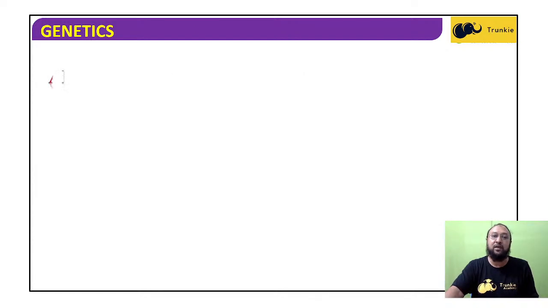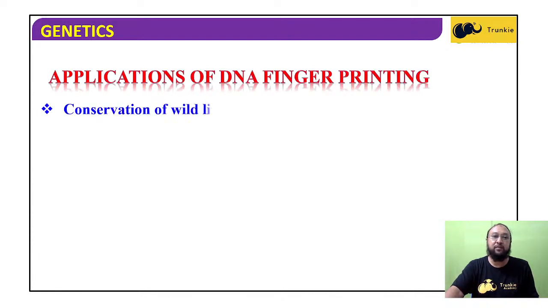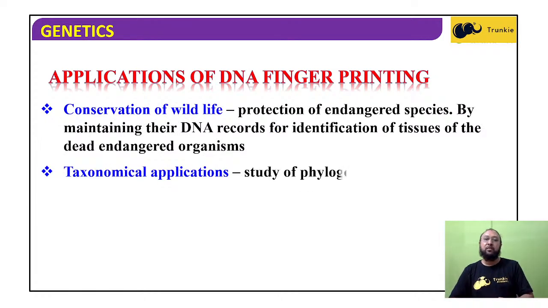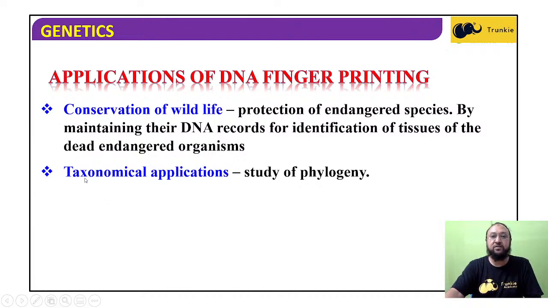Now, applications of DNA fingerprinting. Conservation of wildlife: protection of endangered species by knowing the DNA, by maintaining DNA records for identification of tissues of dead endangered organisms. Taxonomical application: study of phylogeny, which animal has evolved from which animal, or which plant from which plant.